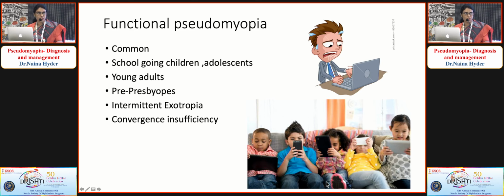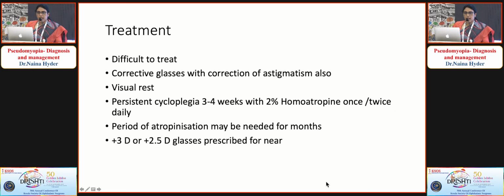Myopia, as we all talk about it, but there are so many factors we have to keep in mind when we have a patient with myopia. Functional pseudomyopia is sometimes difficult to treat. Corrective glasses are given with the correction of astigmatism because we have to relieve the child or the adult, so we are forced to give the glasses.